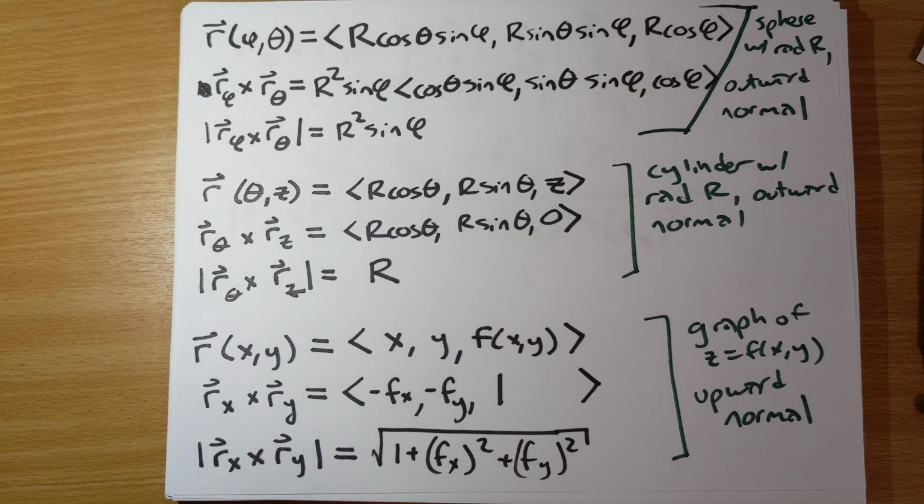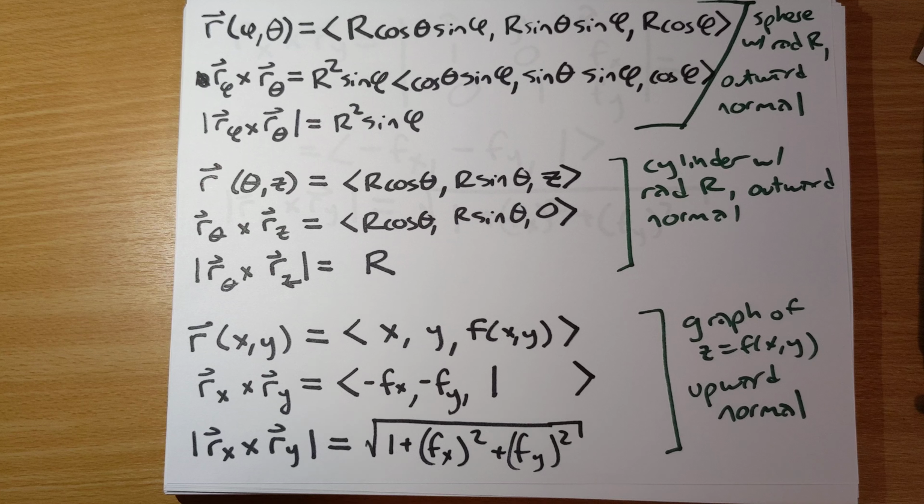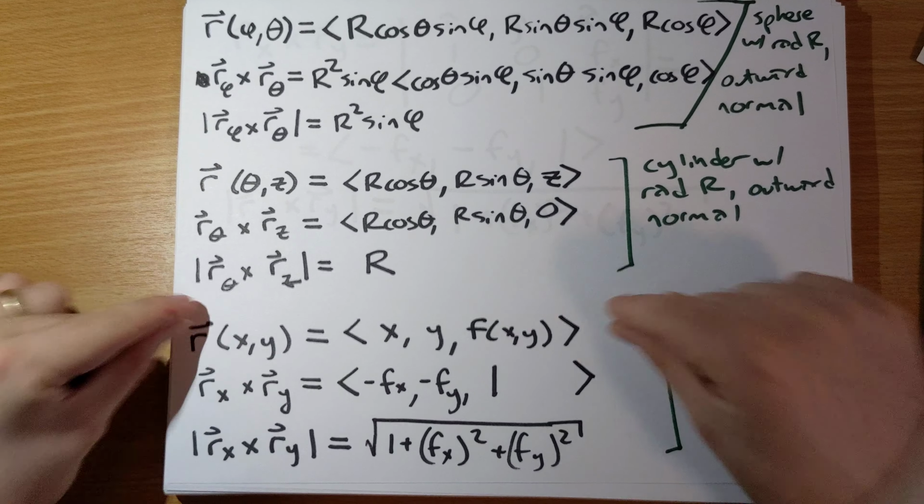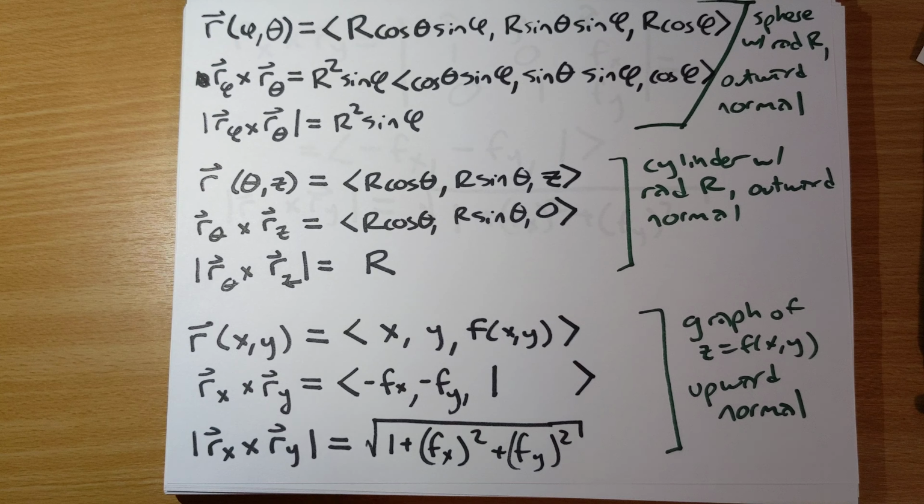But either in the last section or in this section, we worked through together how to find all of these parameterizations for the spheres, for a cylinder, for the graph of a function, part of a graph of a function. We also worked out the cross product of the partial derivative vectors and also the magnitudes of the cross products.